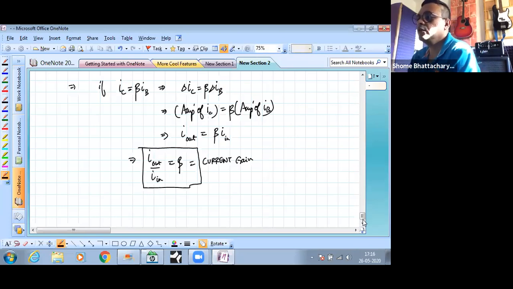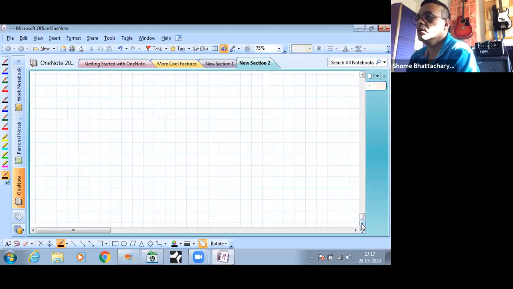Okay, now coming from current gain to voltage gain. So again, if we take a relook at that circuit diagram, understand the behavior of current in the circuit. So we have some resistor which we have connected across the base emitter junction.